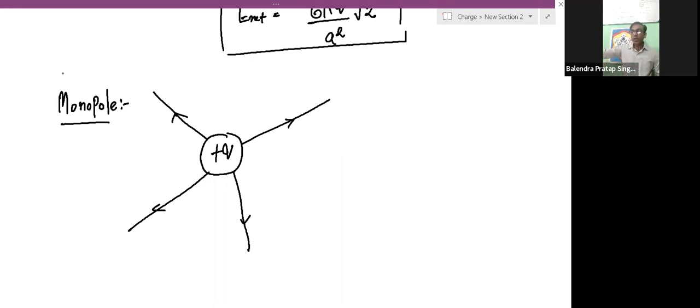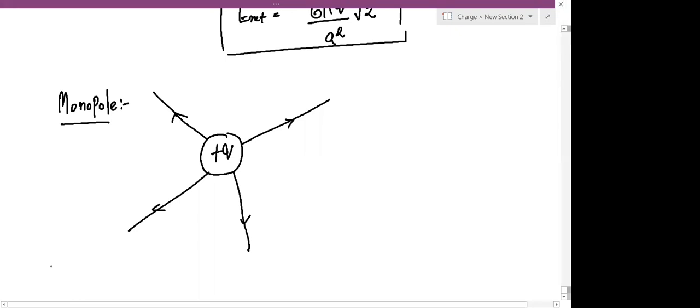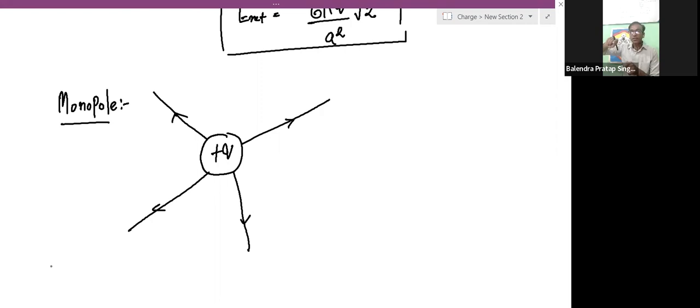There is no other point where the field lines go inside. So what do you think? Does a monopole exist in the magnetic field? Saifullah, are you listening to me? Yes, sir. What do you think?